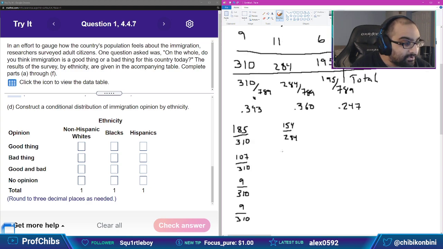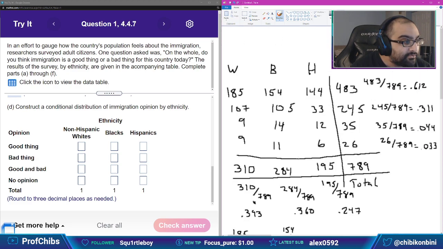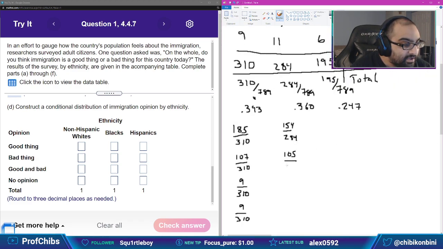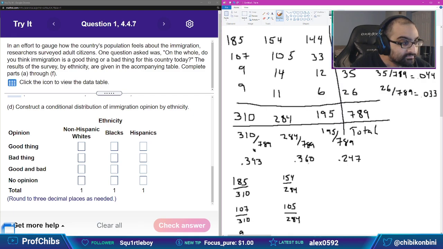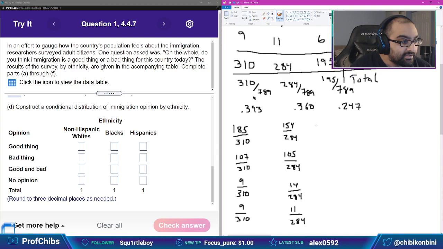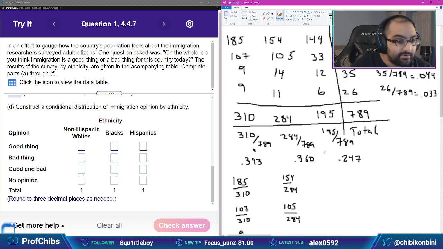For blacks, next we have 105, right? 105 out of 284. And then we have 14 out of 284. And then we got 11 out of 284. And then next we have 195 total here.